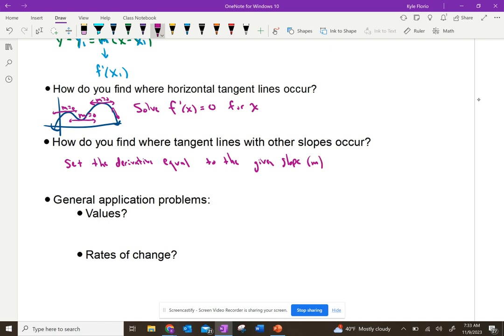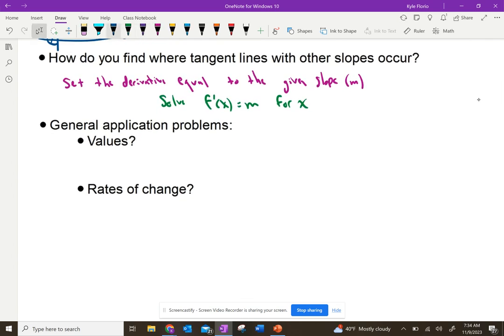So say the given slope is m, then we just solve for x when the derivative equals that given slope. When it's 0, that's specifically the horizontal tangent line. But if the slope is 3, 4, 5, 6, 7, we want to find out those points, so just set the derivative equal to 3, 4, 5, or whatever the slope is, instead of 0.